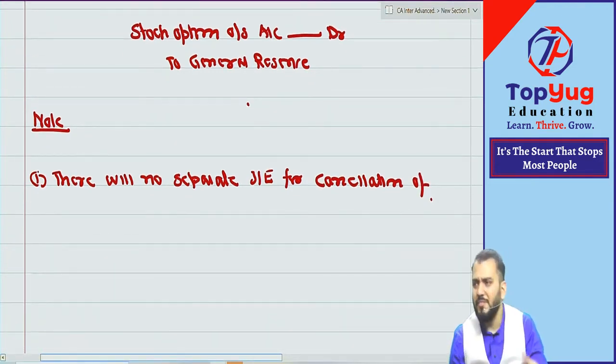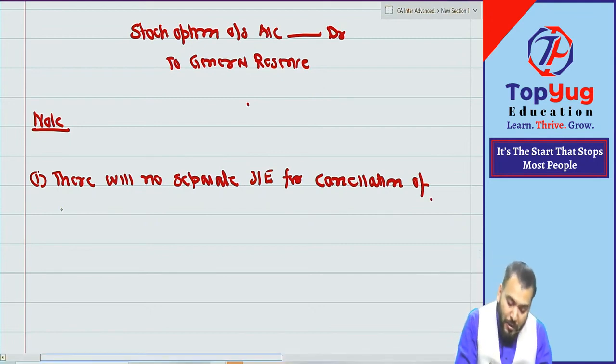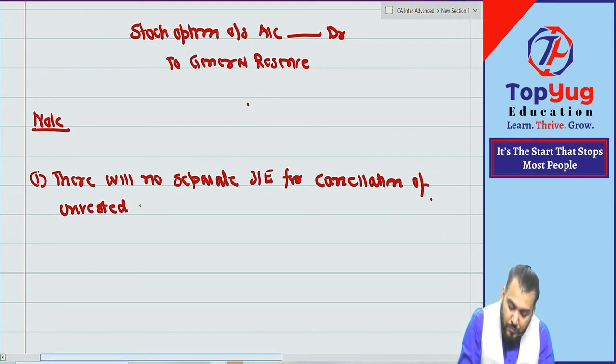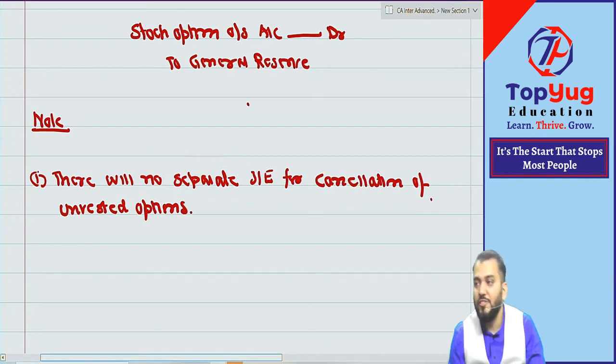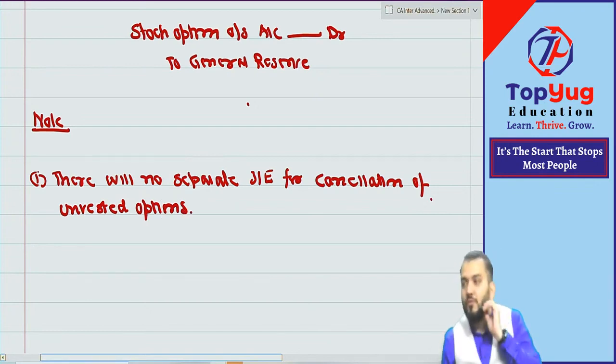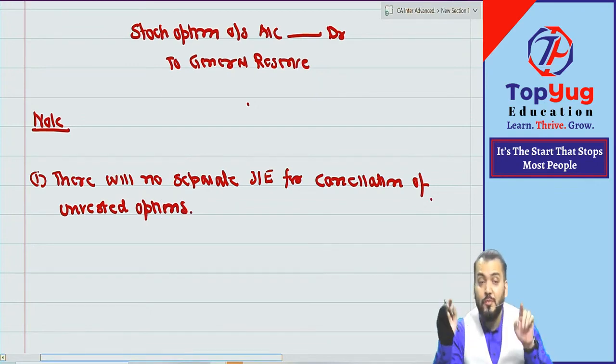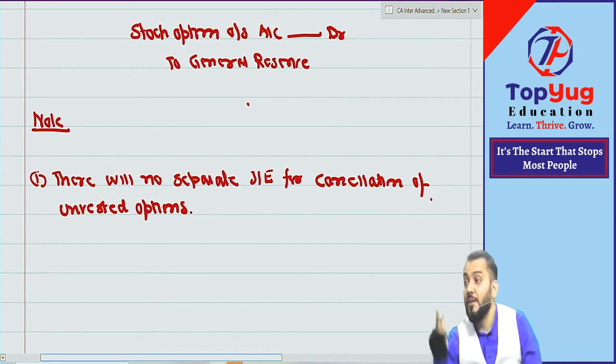We have done a separate journal entry for vested option now. For cancellation of what? Unvested options. Have you understood this sentence? For cancellation of unvested option, we are not doing any separate journal entry. But for cancellation of vested options, we are doing a separate journal entry. Why? Can you explain to me?